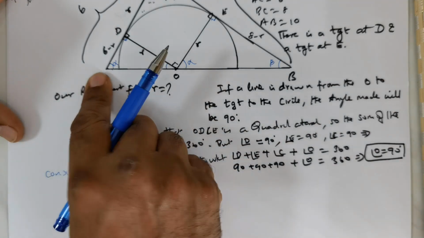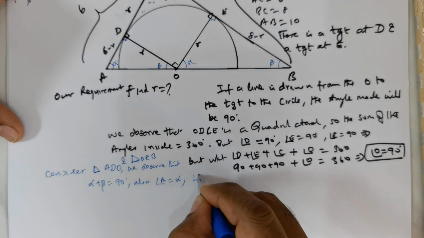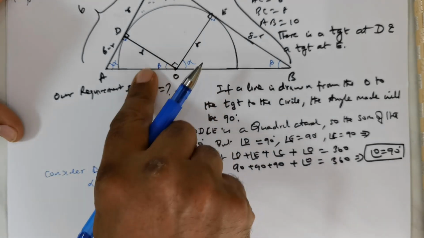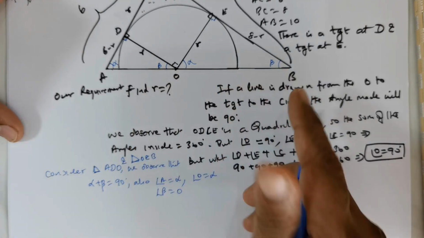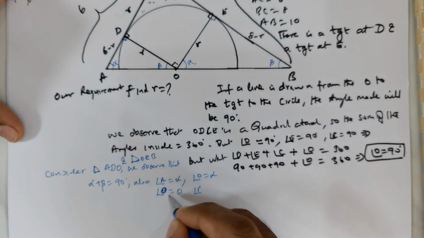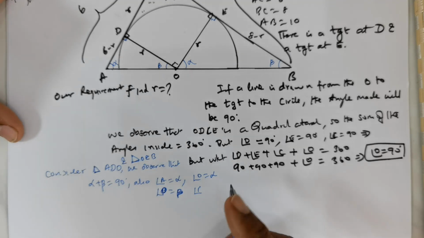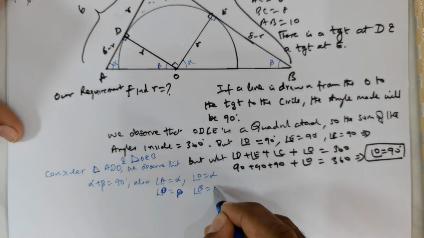So angle A is alpha. Then angle at O is also equal to alpha. Angle at B is equal to, I should say angle at O is equal to beta, and similarly angle at B is equal to beta.